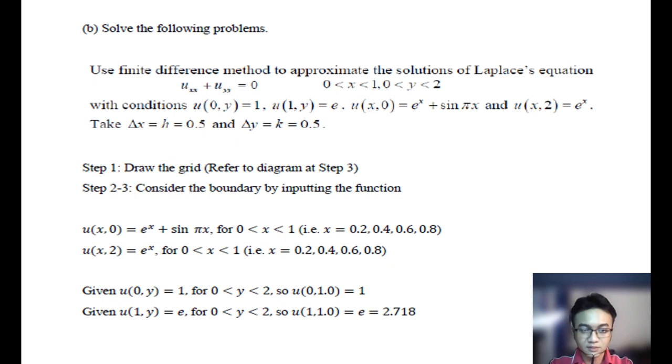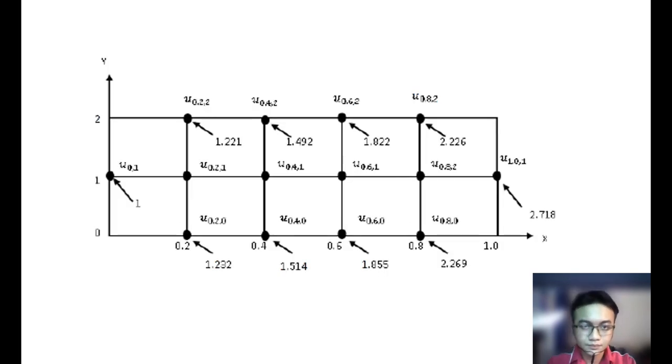The value of x must be 0.2, 0.4, 0.6 and 0.8. For y, the value must not be more than 2 and must not be less than 0. The equations are shown below. And this is the grid diagram that I mentioned just now.